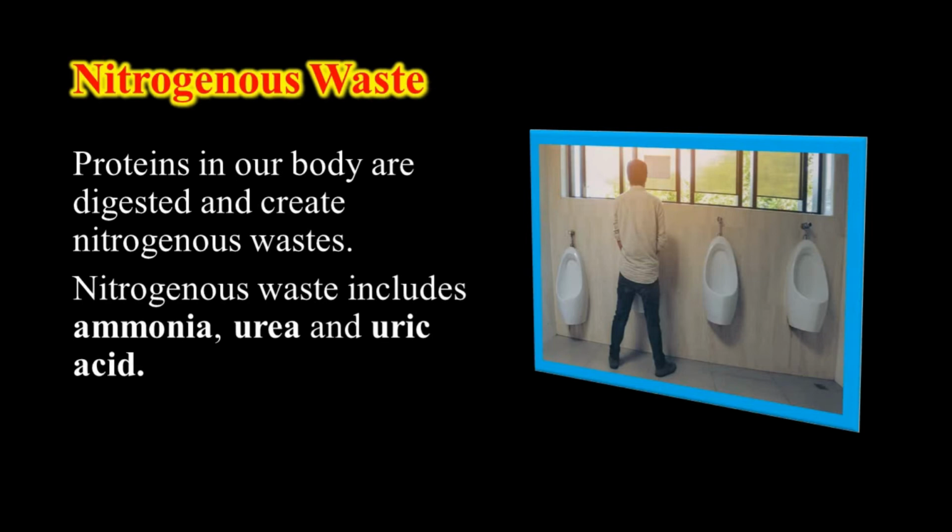The nitrogenous waste is the main waste in animals which takes different forms in different animals. Nitrogenous waste includes ammonia, urea and uric acid. And did you know that based on the type of nitrogenous waste, animals can be divided into three categories. So let us understand these three categories.